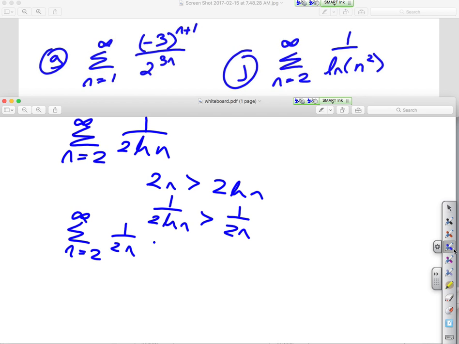And why is it divergent? P series, P is equal to 1. Okay, what's another thing I could say? It's a harmonic series. I think harmonic series is probably the easiest thing to say. So that's harmonic, so then I can say that this one is divergent as well.